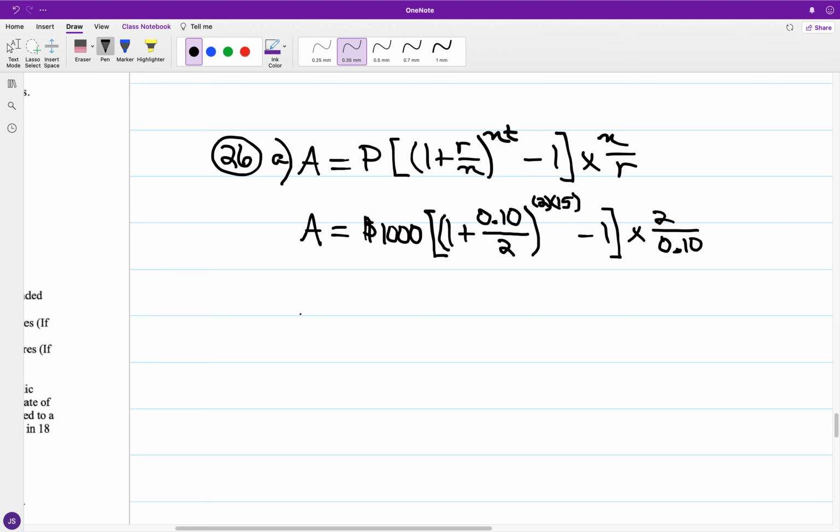So with the numbers, we're looking at $1,000 times the quantity 0.10 over 2 added to 1, which is going to be 1.05, and 2 times 15 is 30, minus 1. And 2 over 1/10 is going to go to 20.